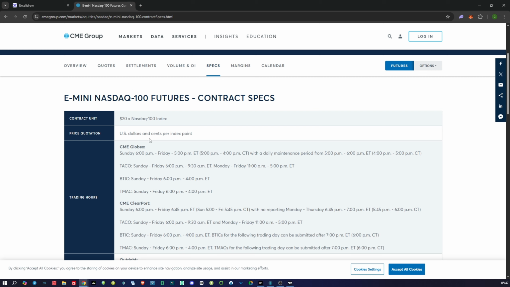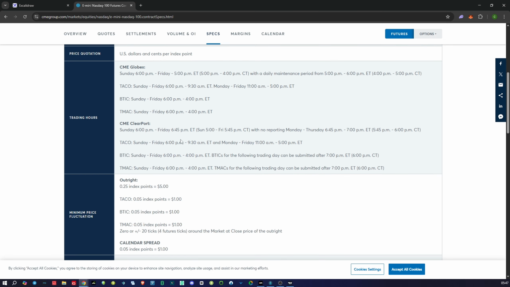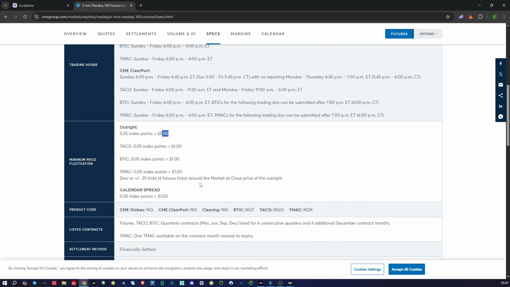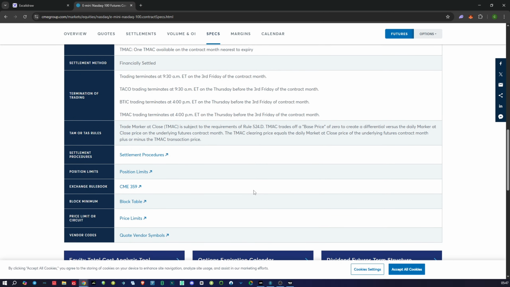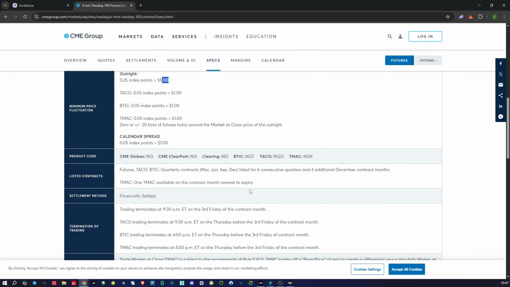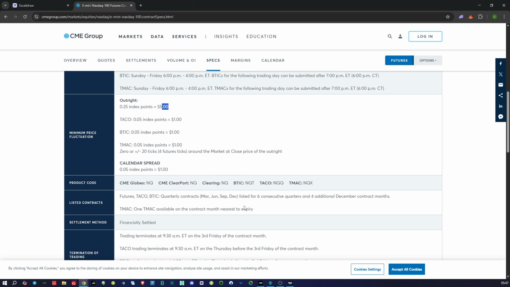For every single point it moves up, you will see an open P&L of $20 upwards movement in your account. So 0.25 index points is basically $5. For every single tick the market moves, it will be $5. Right? There's a lot of information here, but it's not really necessary for now.